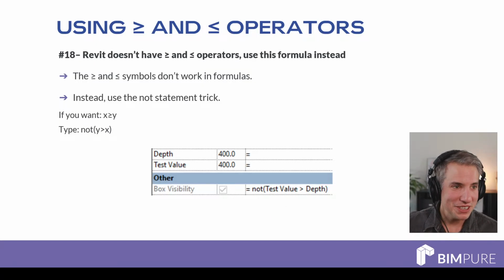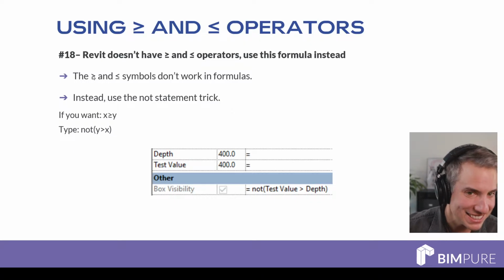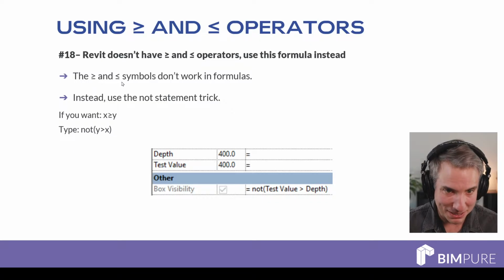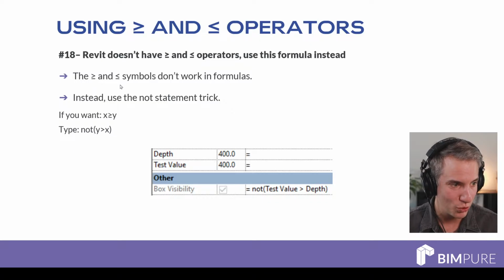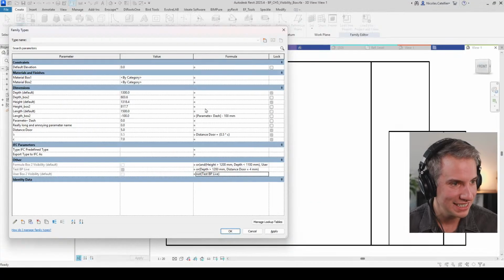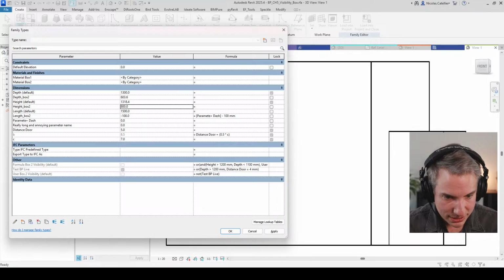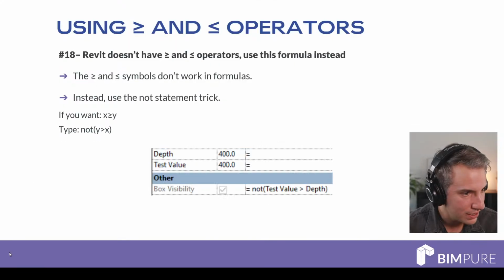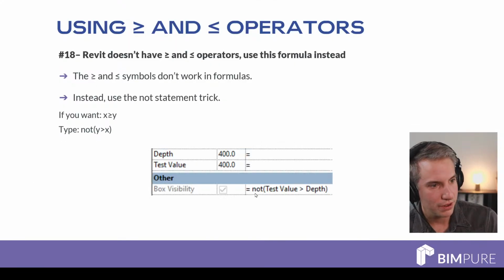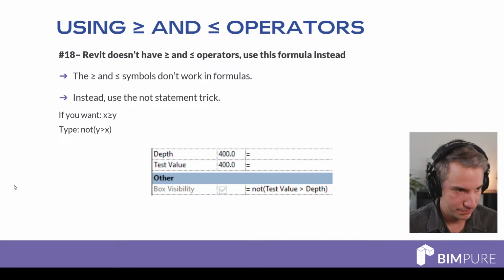Okay, so Revit doesn't have greater than or smaller than operators, so you can use this formula instead. You just cannot type the symbol into a Revit family, it will not work. So the workaround that can be used instead, in this case, let's see what we have in the slide. Yeah, let's say this is for a visibility parameter.